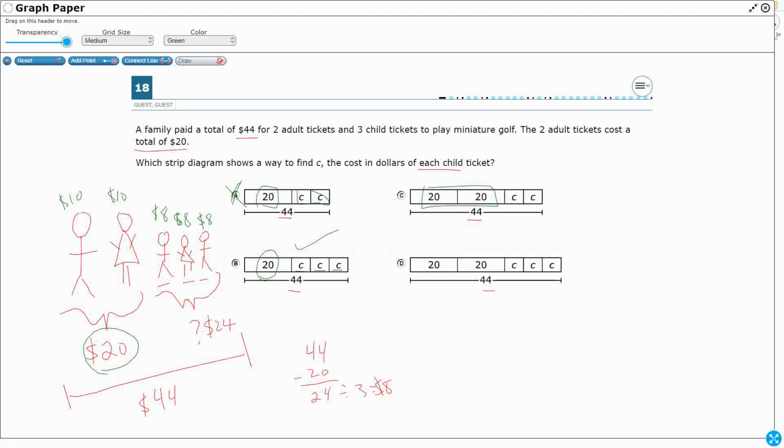There's two adults, but it's 20 total. It's $10 each. This costs way too much. Look, this would be $40 right here. So 40 out of your 44 is already used. That's not going to work. So C and D are incorrect because they take that 20, they double it. It's just $20 total. We want to cut it in half into 10 and 10. So no, our best answer here is going to be B.